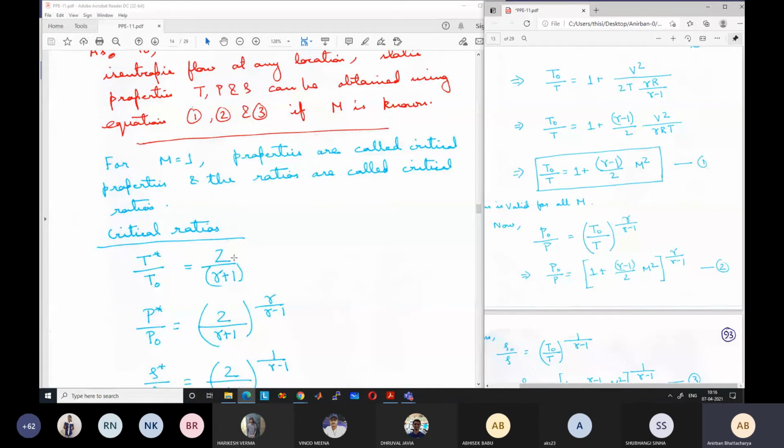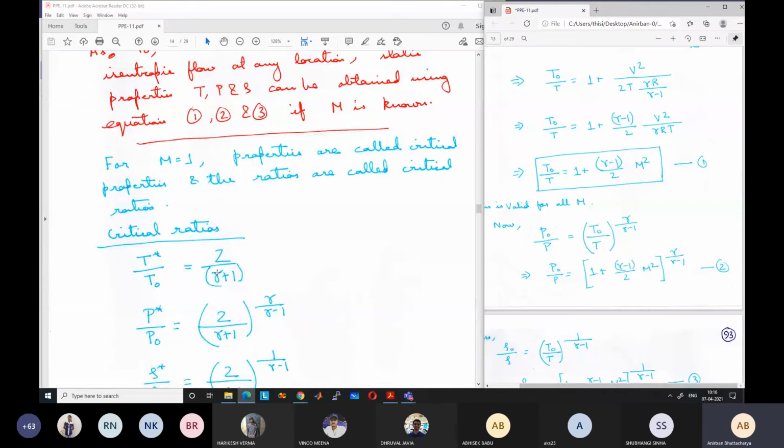Very important relation. Why is this so important? There is nothing in this equation except gamma. So if the inlet condition is known, for the choked condition where the Mach number is equal to 1, you can easily find the critical temperature, T star.